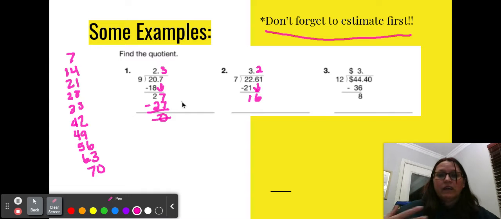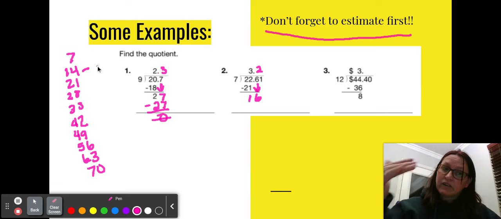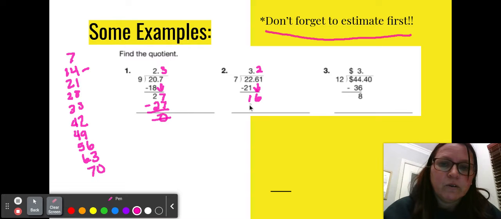And so if I'm looking at this, I know that 14 is the number that's less than or equal to 16, and that would be 2 times. So 2 times 7 is 14. 16 minus 14 will give me 2, and I'm going to bring down my 1.